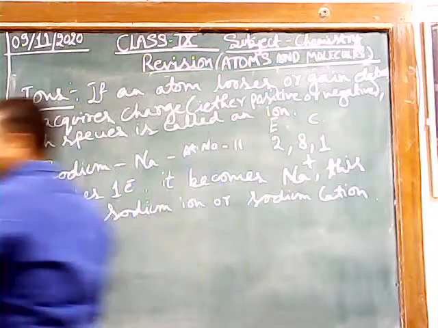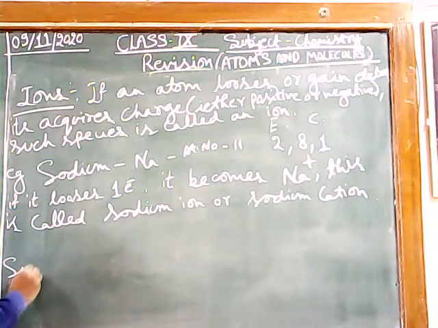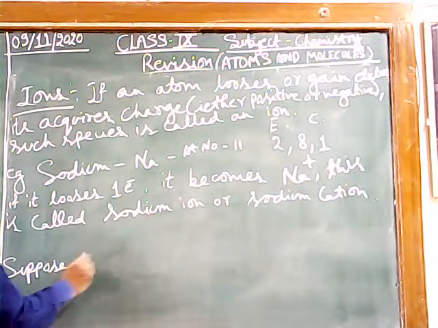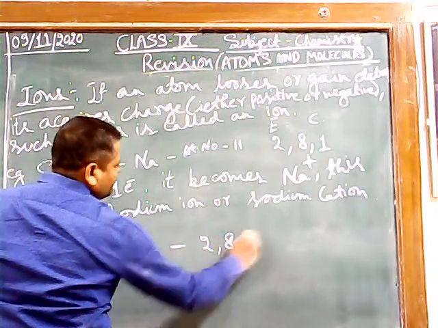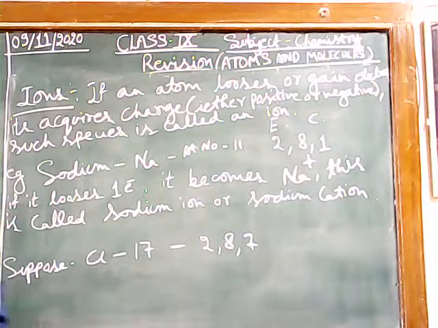Okay. On the other hand, suppose chlorine, atomic number 17, 2, 8, 7. So KLM.